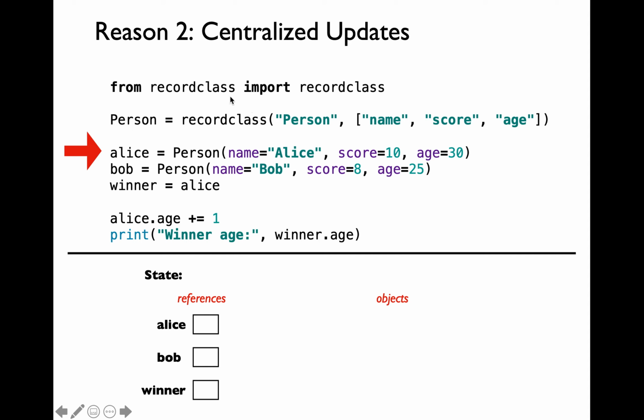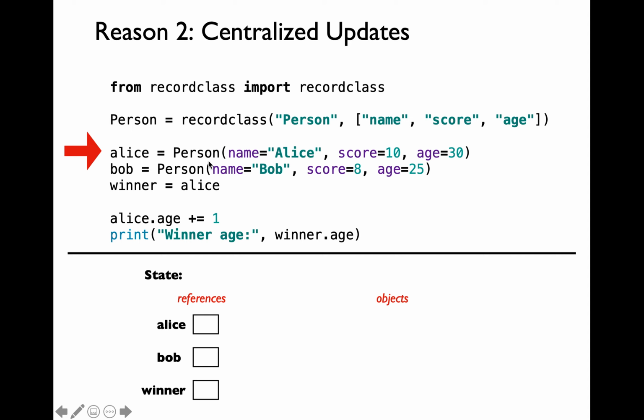Then we are using the recordclass constructor call to create a custom type person. We are going to mention person within the return value and also the string person within argument 1 for the constructor call. Argument number 2 is going to be a list of attribute names. The attribute names here are name, score, and age.